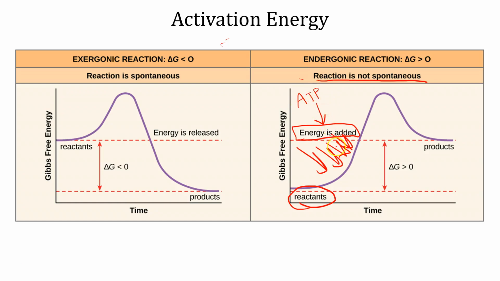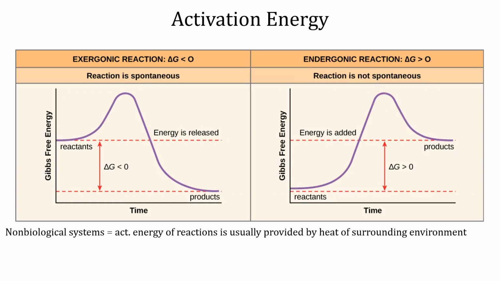It releases energy that can push these reactions to happen. But even then, you still have to go over and make that transition state happen before the reaction proceeds and the products occur. So this energy that you have to put in above and beyond the final energy of the products is called the activation energy.